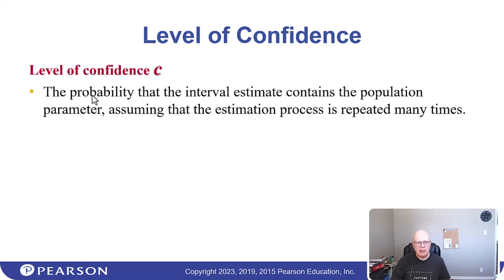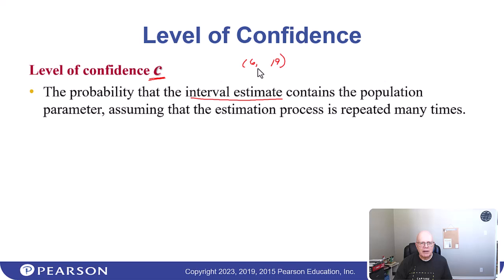So I talked about the level of confidence. We represent that by a C. It's a positive number, and it's between 0 and 1. What this represents is the probability that the interval estimate, instead of a point estimate, so we're going to have an interval like this, and let's say it was between 6 and 19.